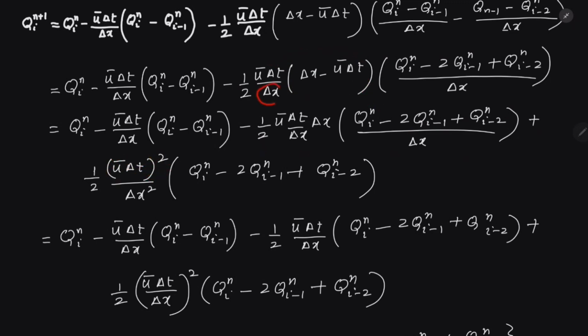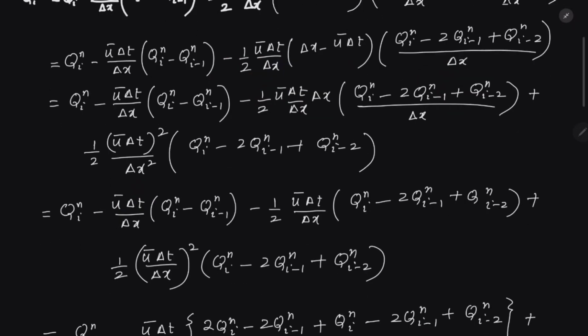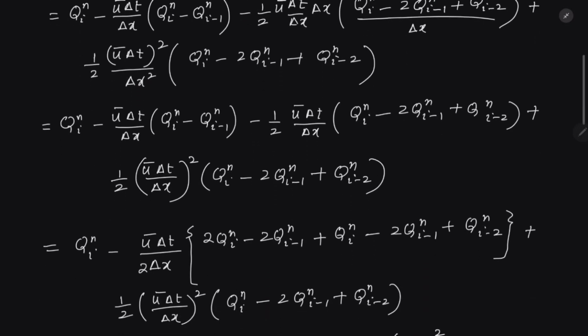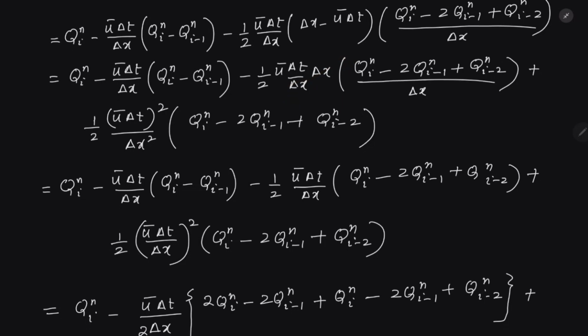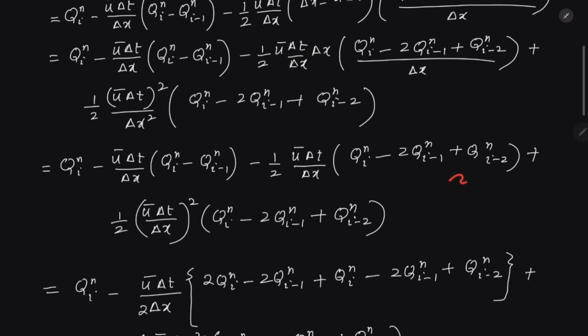The delta x and the delta x over here, when they multiply together, we get delta x square, and this is 1 by 2. So this is required to reach the Beam-Warming method. The next thing is to just cancel out these two terms over here, and nothing new in this step.